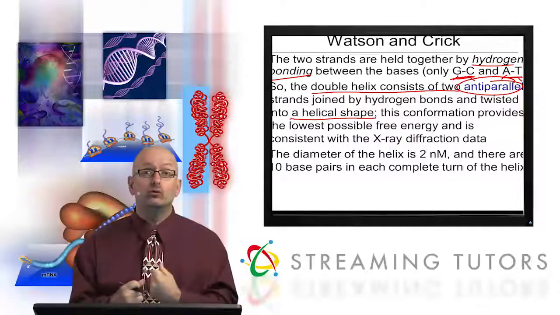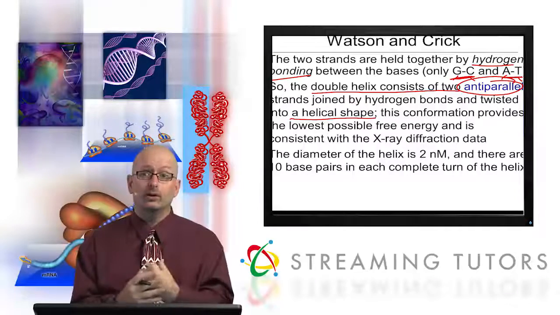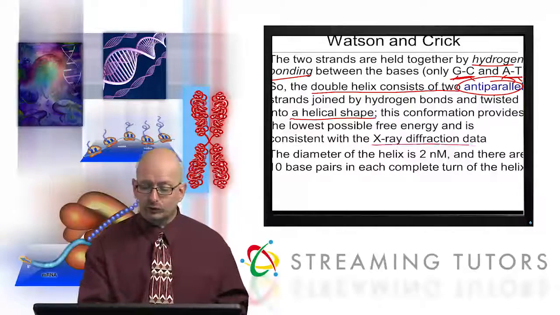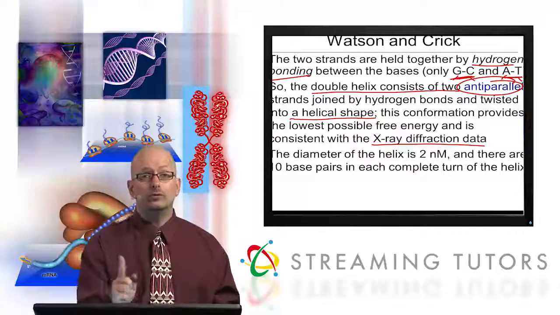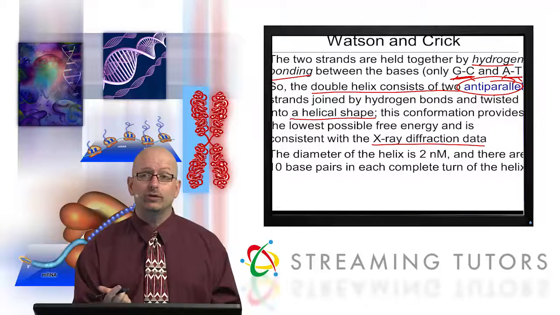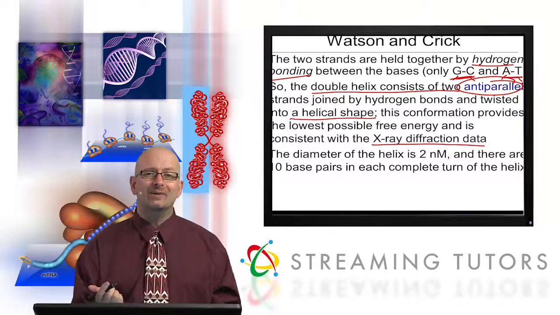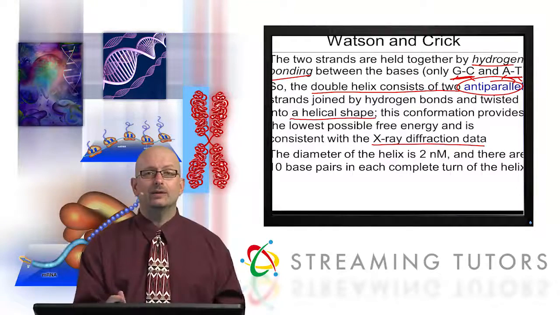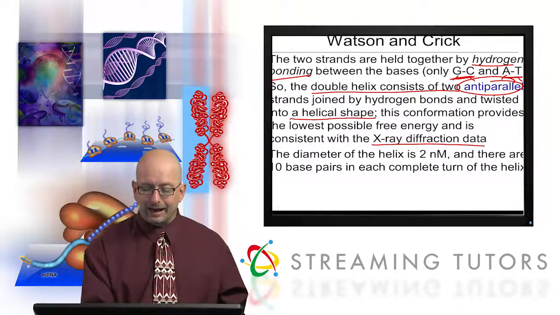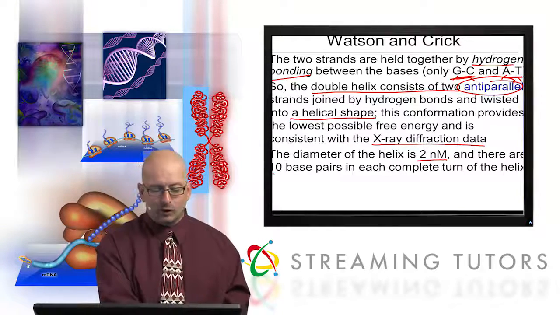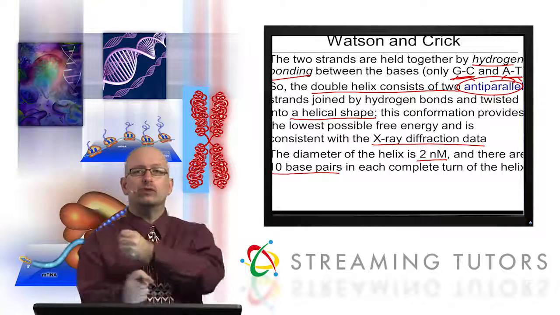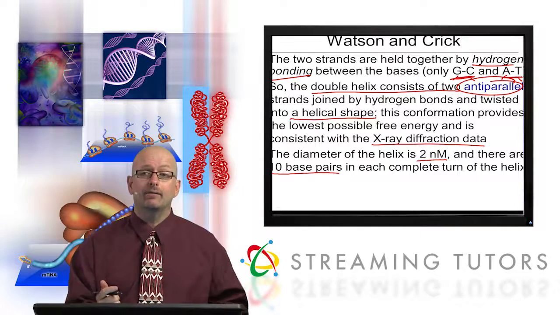In other words, it's the most stable way that this whole thing can go together. It's also consistent with the X-ray diffraction data that they had that showed this general helical nature to things. I don't know if you'd have to memorize this, but if you think of the helix sort of as a cylinder, the diameter is 2 nanometers, which is rather small, and there are about 10 base pairs for each complete turn of the helix.